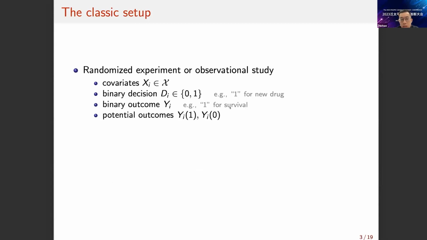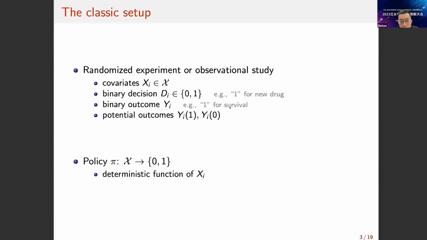So we have the covariates Xi for each individual, a binary decision Di, for example, 1 for the use of a new drug, and a binary outcome Y, such as the survival indicator. The potential outcomes Y1 and Y0 represent the outcome that would have happened if we had chosen decision 1 and 0.